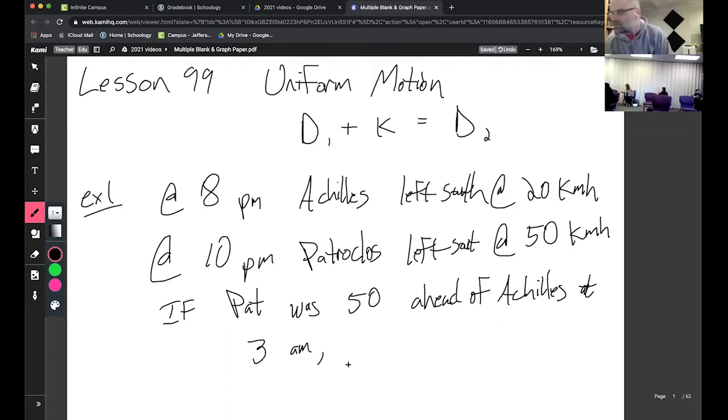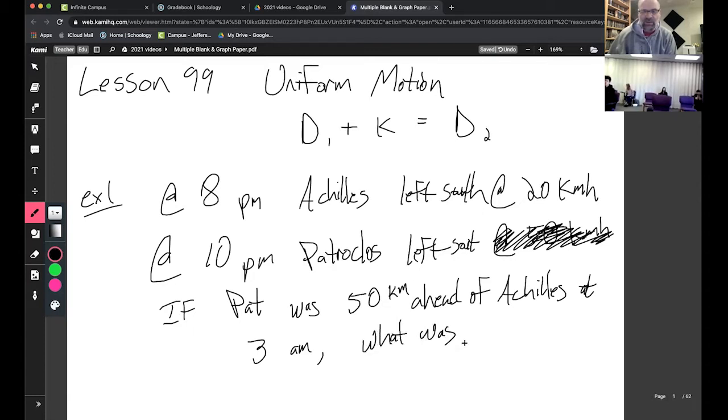Oh, wait. Oh, sorry. He did not go 50 kilometers an hour. So he just left south at 10 a.m. It doesn't say how fast he was going, okay? So this is where I got the 50. If Pat was 50 kilometers ahead of Achilles at 3 a.m., what was his speed, okay?